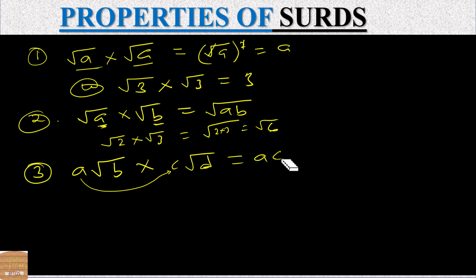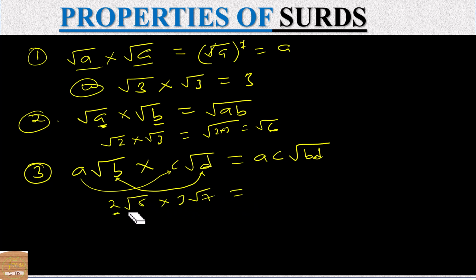Then those under the root sign also multiply, so we have root BD. Alright. So in case we are given, let's say, 2 root 5 times 3 root 7, just multiply this 2 by this 3 to get 6. Then multiply this 5 by that 7, so 35. Alright.